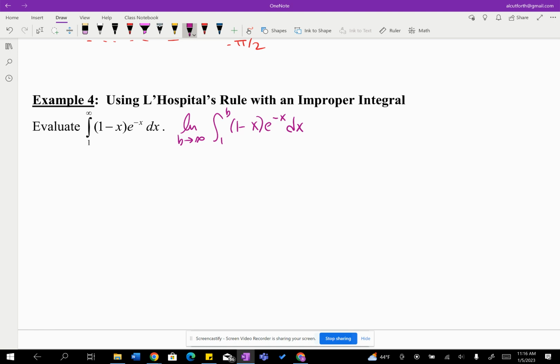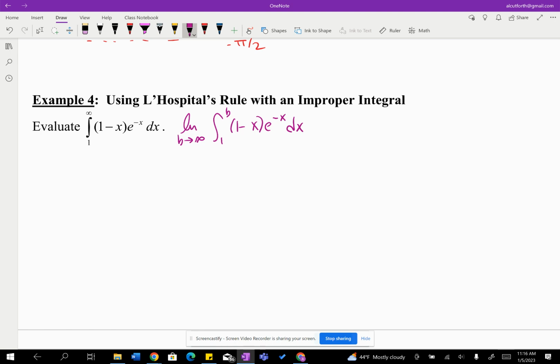You could distribute, but you're still going to have x times e to the negative x. So we're just going to leave it as it is for now. For 1 minus x times e to the negative x, any ideas what we might have to use? Yeah, it's a product, right? And it's not a nice u sub, so we're going to do some integration by parts practice.